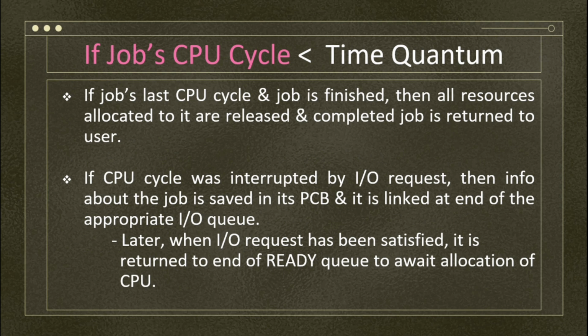So, if CPU cycle is interrupted ng input-output na request, yung mga info sa job is masasave siya sa PCB at ililink to sa appropriate na input-output queue. At pag yung input-output request is naging okay na, ibabalik siya sa katapusan ng ready queue.